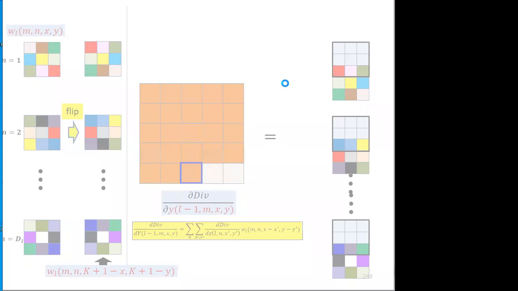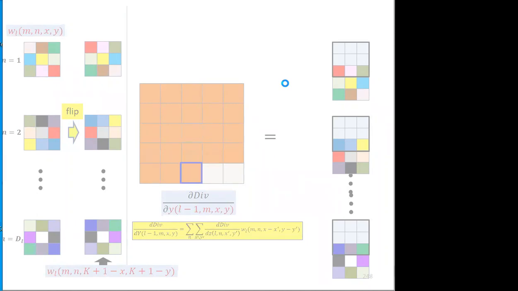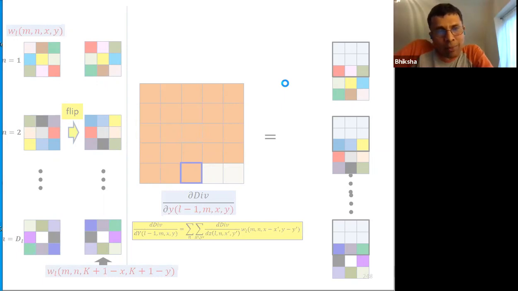Professor, can I ask a question about the bias? Will we cover it later? I've not actually explicitly considered the bias, but if you think of the bias as just an additive term, each of these guys is going to have just one bias term.